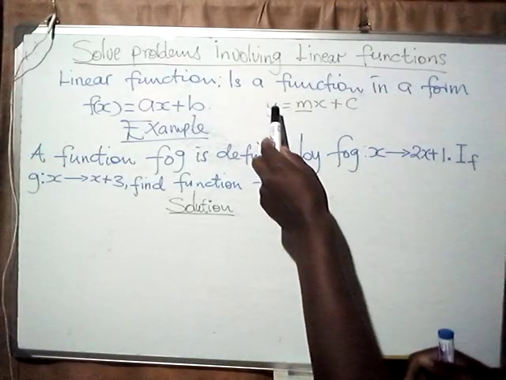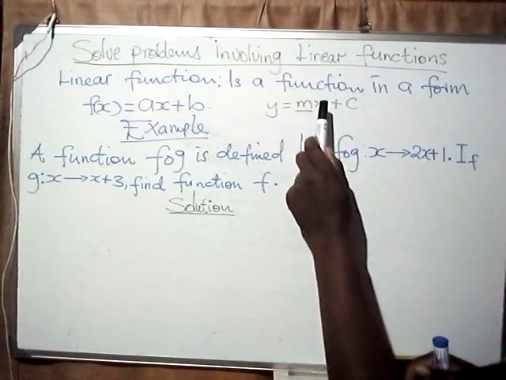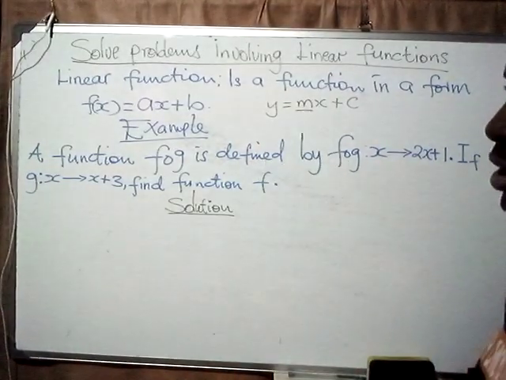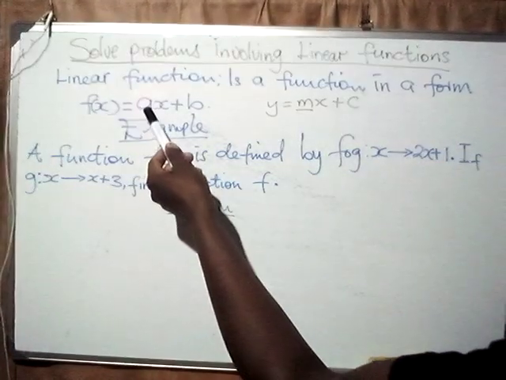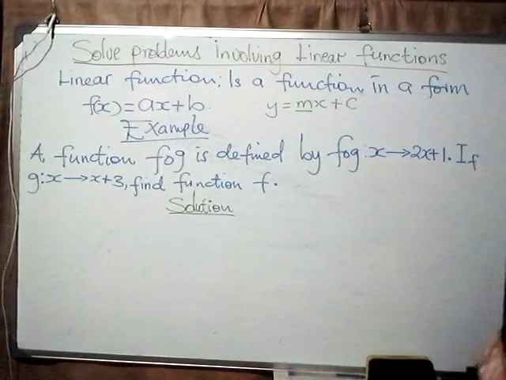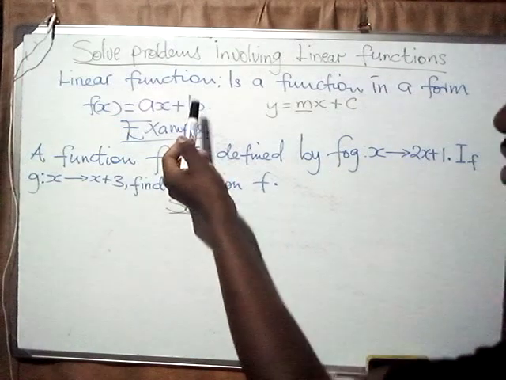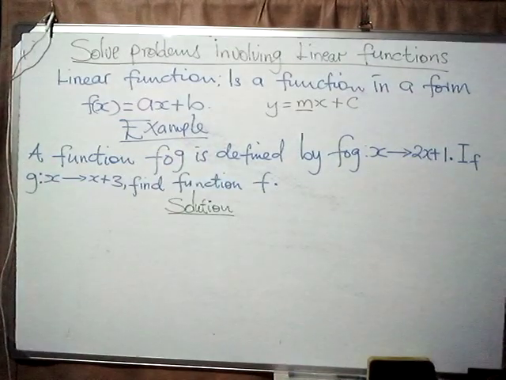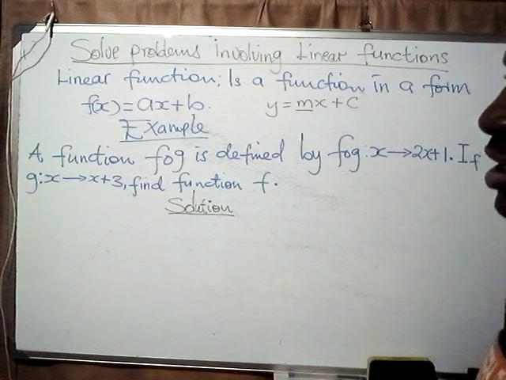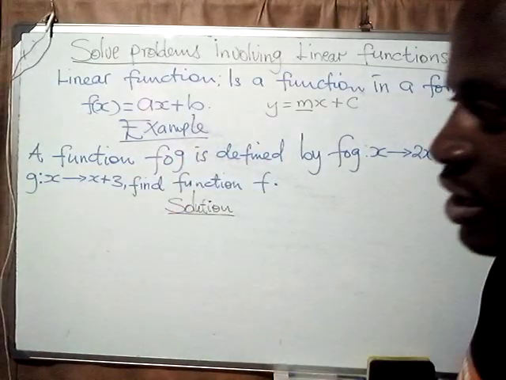So y and x are the variables. Even in this case, a may mean the gradient, and b is the y-intercept. So a linear function is a function in this form.